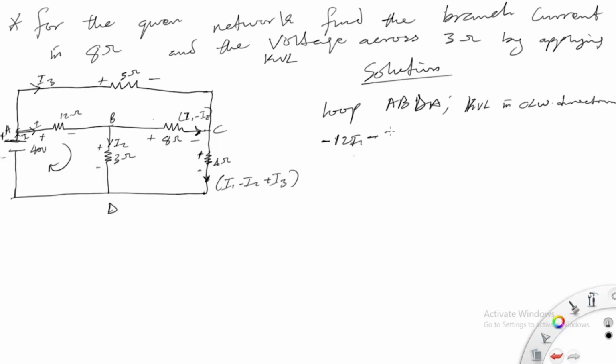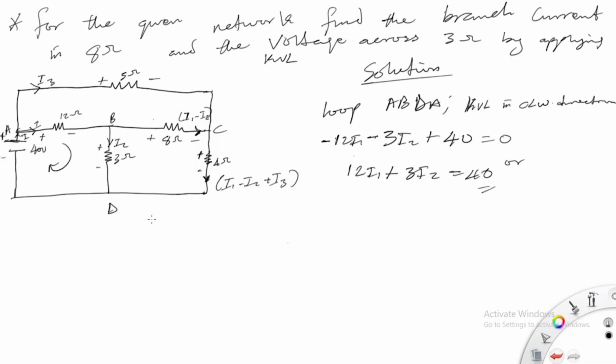Minus 3 is also a drop with the current I2 acting on it, plus 40, our voltage source, is a rise. This is equal to 0. Am I correct? So this can also be written as 12 I1 plus 3 I2 is equal to 40. Am I correct? Just check it out.